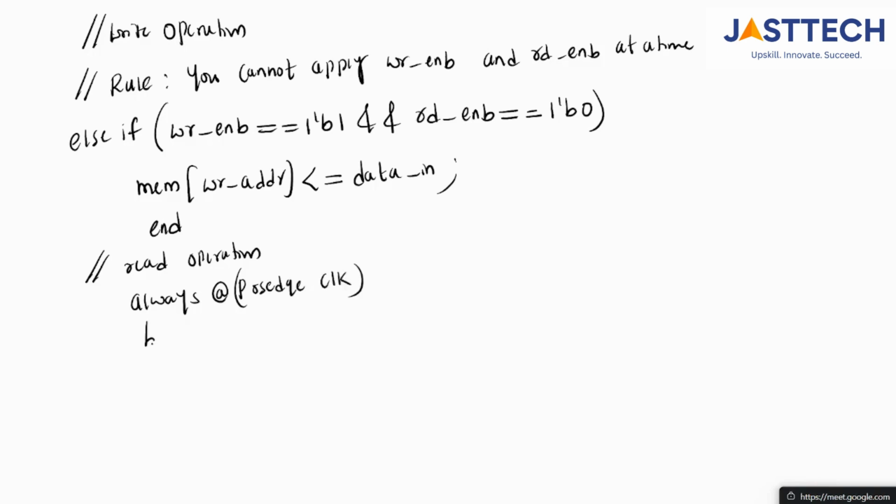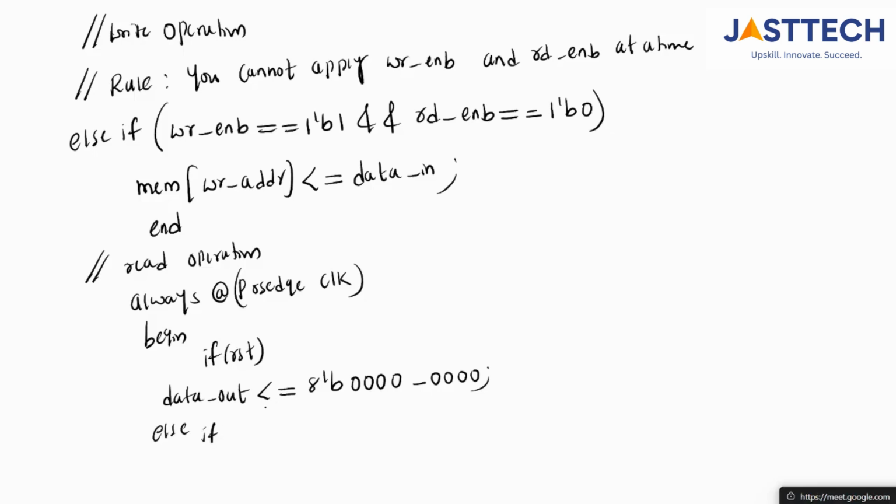Begin, if reset equal to 1, then data_out equal to 8'b00000000.